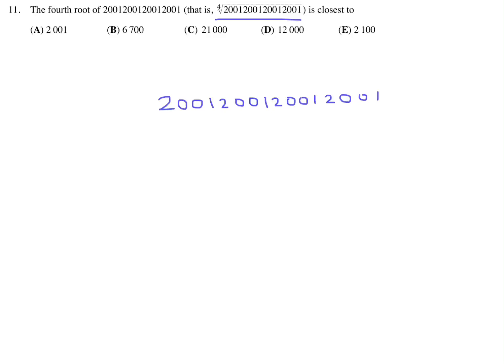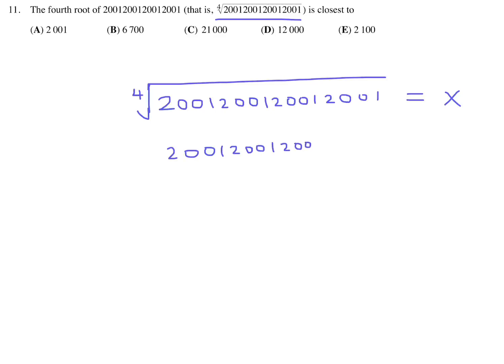And we want to take the fourth root like that. And this is going to be, say, some x. Well, if we take everything to the fourth power, this will disappear, and you'll just get left with 2001 written 4 times like that. But this becomes x to the fourth, correct?